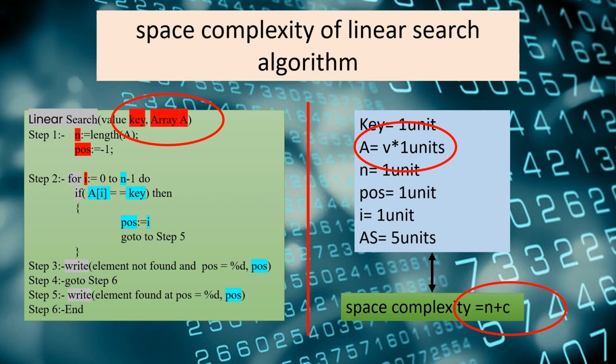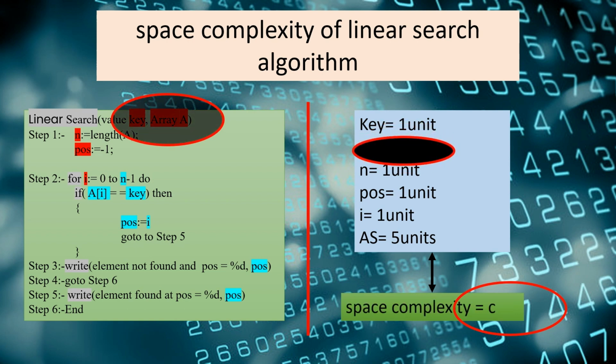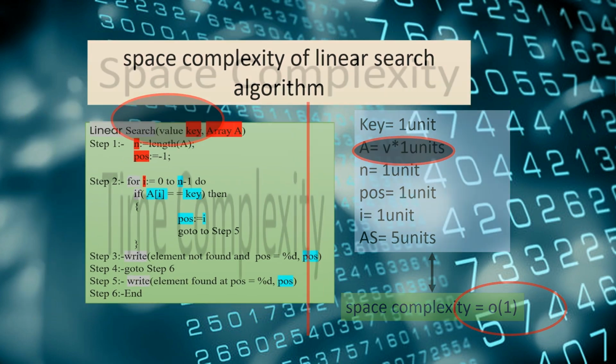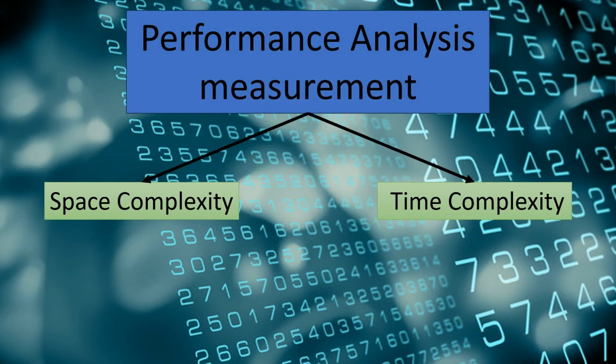So most of the time we would consider that all the input memories are already allocated. So we would be ignoring the n and just write the space complexity equal to c. Therefore, space complexity equal to O of 1. To better understand the space complexity of the algorithm, we would be seeing some more examples in the future.